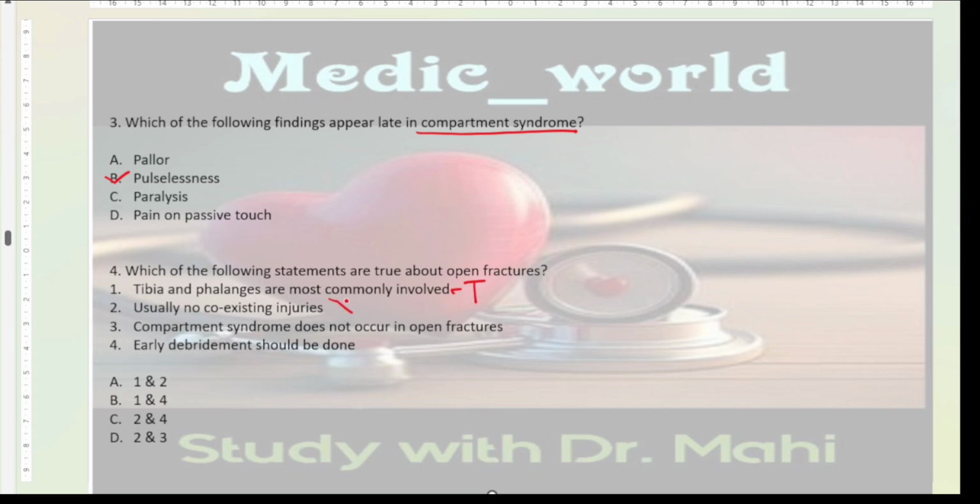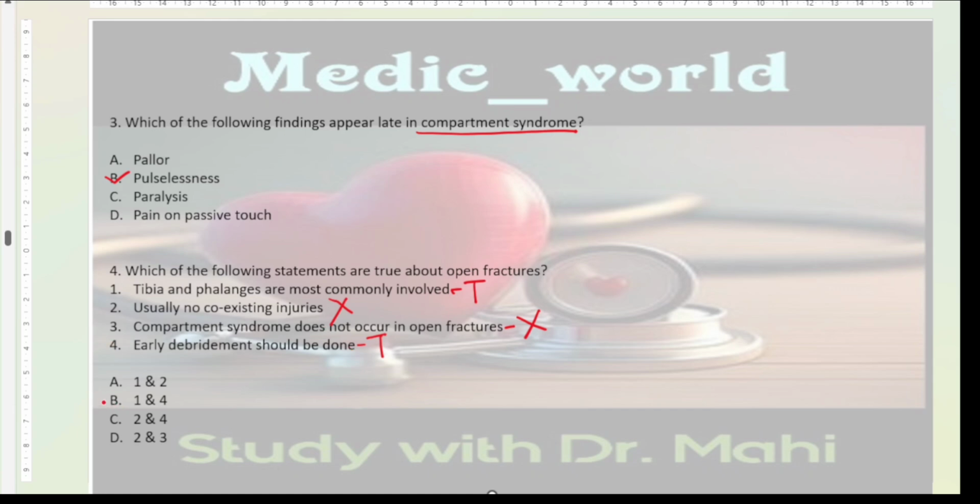It is a false statement because open fractures are associated with coexisting injuries. Compartment syndrome does not occur in open fractures. It is also a false statement. Early debridement should be done. It is a true statement. So the answer to this question is option 1 and 4.